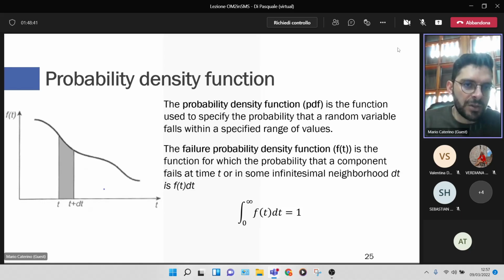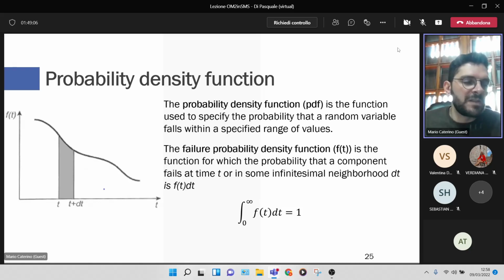According to this definition, the failure probability density function that we will identify as small f of t here, is the function for which the probability that a component fails at time t or in some infinitesimal neighborhood dt is f of t dt.